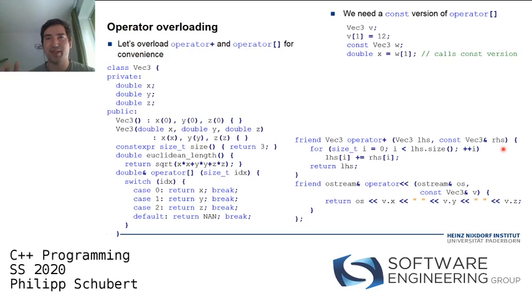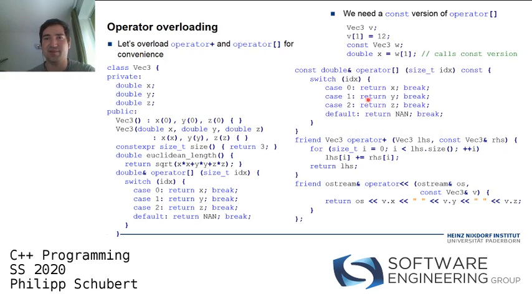And that means we really need a const version of the squared brackets operator, which we implement as follows. So the internal implementation is really exactly the same. But first of all, after the parameter list, we use the keyword const to denote this operator. It could also be a member function, which you declare const after the parameter list.